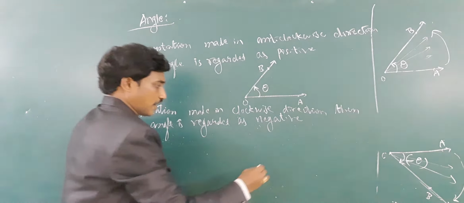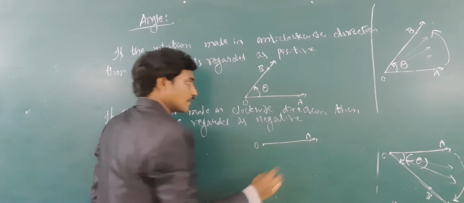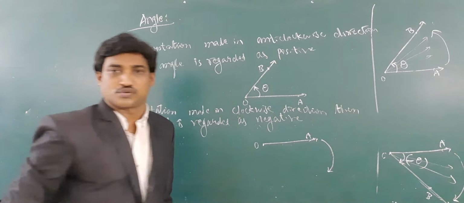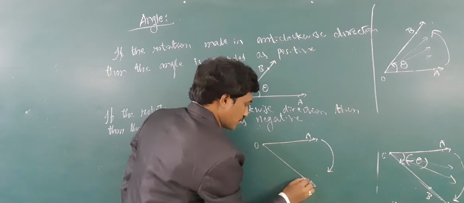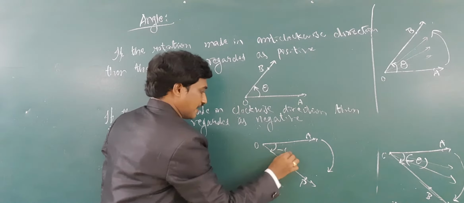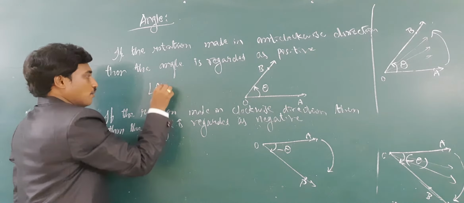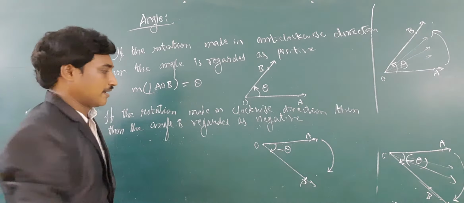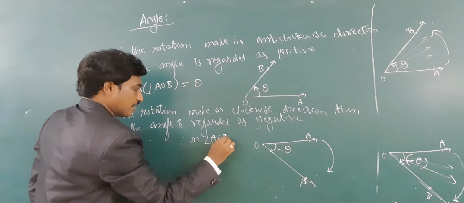Here OA is the initial ray. The terminal ray OP is rotated in clockwise direction. Suppose its position is P. Then the angle is regarded as negative, minus theta. Here the measure of angle AOB is theta. Here the measure of angle AOP is minus theta.